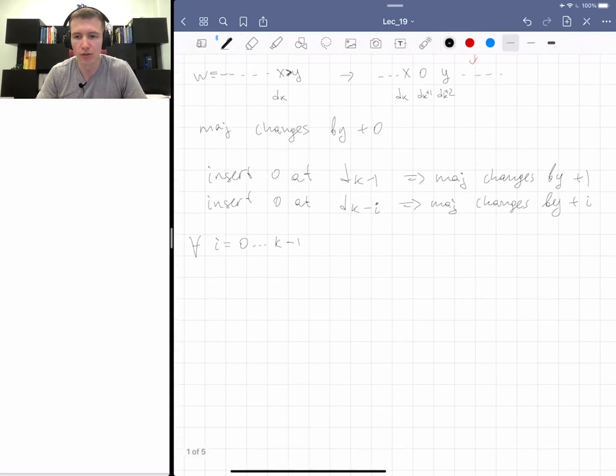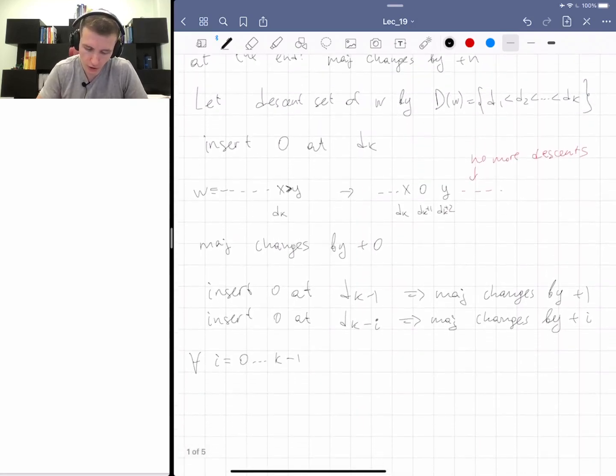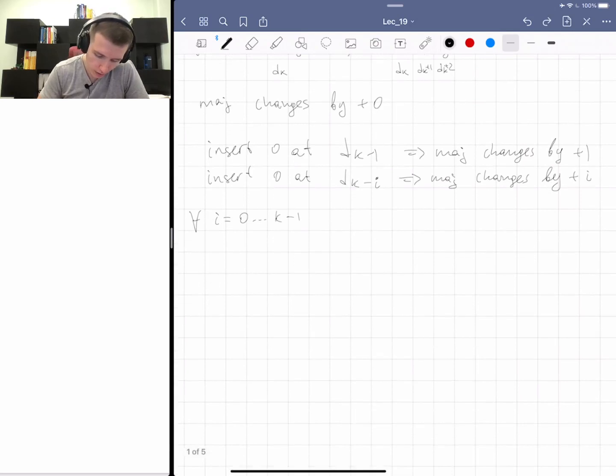Is that clear, or does it require more explanation? All right. So the only question is, what happens if I insert 0 at some position which is not a descent? Okay, let me do some notation. Let's say the non-descents of w are the ascents.